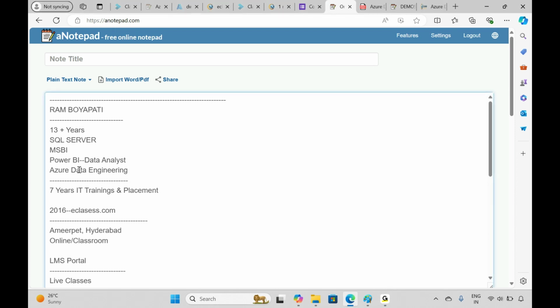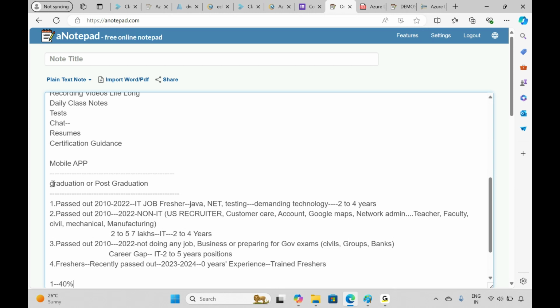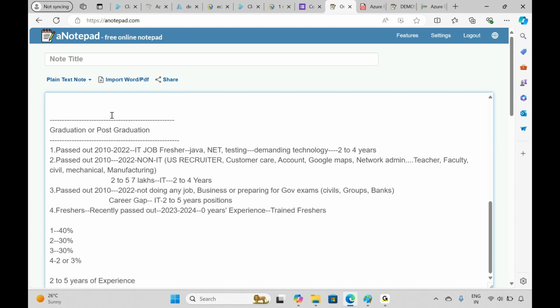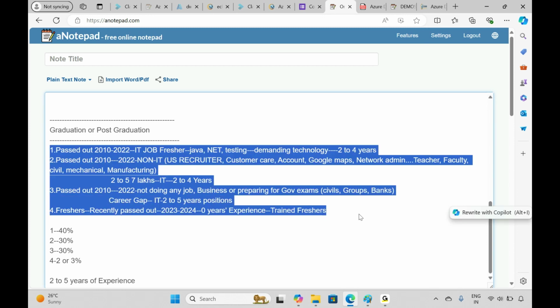Coming to the Azure Data Engineering course, in my overall 13 years of experience, what I have observed is that students who learn this course have completed a graduation or any post graduation. As per my experience, we categorize the students who try to learn this Azure Data Engineering course by background into four different categories.